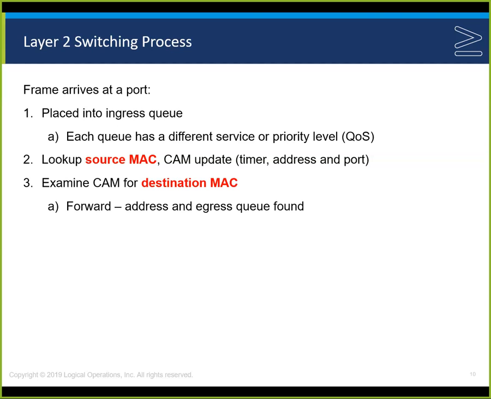The destination MAC address, the forwarding address, and the egress queue are found. How are we going to get there? And the forwarding, once this addressing is determined, and we have the MAC address table, all of the forwarding happens using what are called ASICs, application-specific ICs.